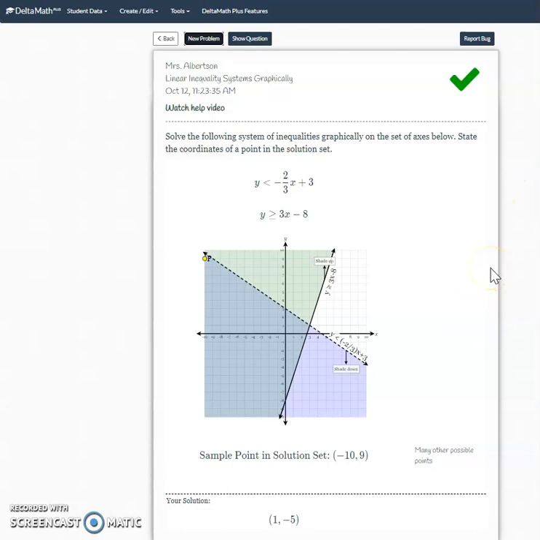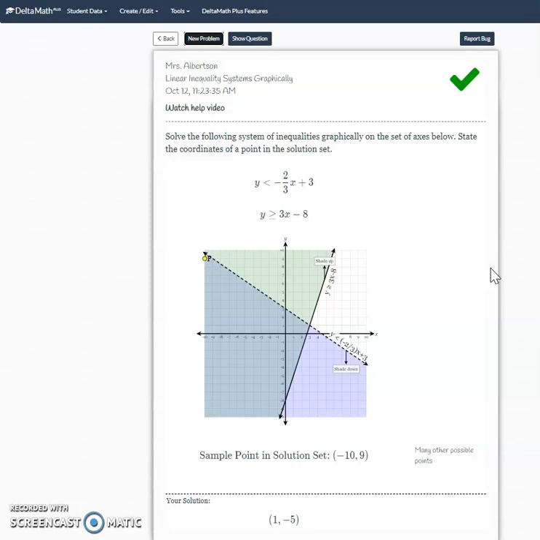All right, so again, just to reiterate what you're doing, you're graphing two linear inequalities on the same coordinate plane. You are doing the solid line, dotted line, and the shading. And then you need to determine a solution for the system, which means you have to provide an ordered pair that is true for both inequalities.